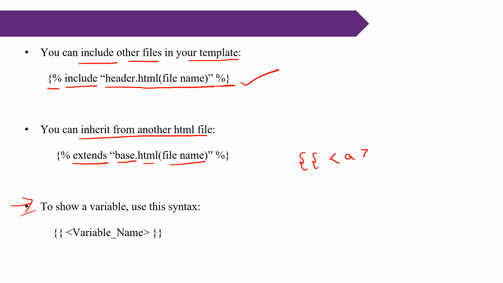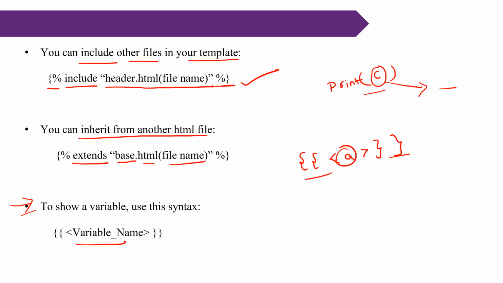Here I write the variable within double flower brackets, and whatever value is given is automatically displayed. For example, in a print statement you write print C, and whatever the value of C is, it is printed exactly.